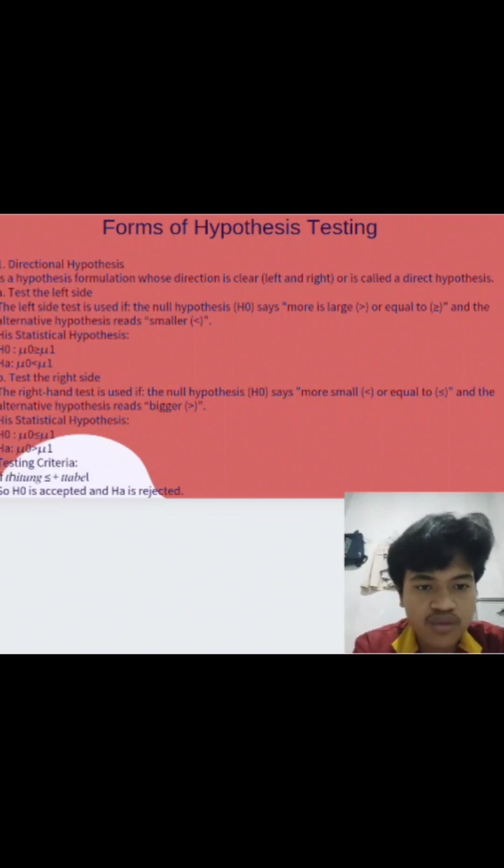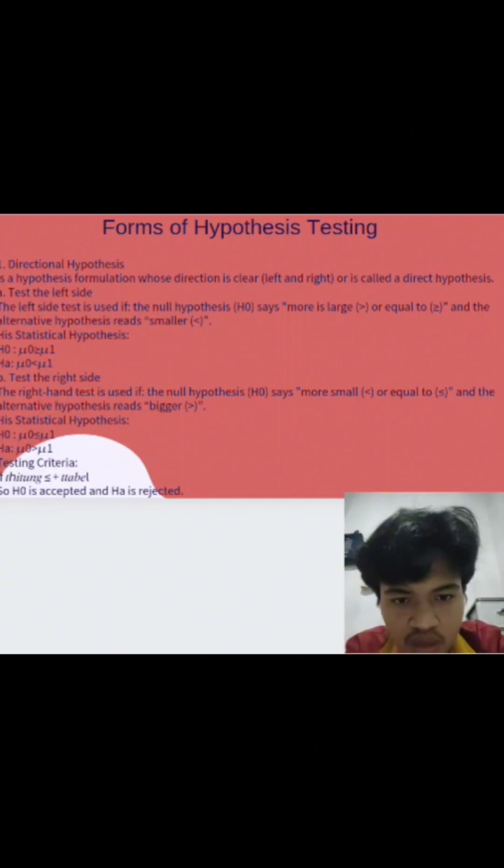Forms of hypothesis testing. 1. Directional hypothesis, a hypothesis formulation that has direction. A. Test the left side. The left side test is used if the null hypothesis states greater than or equal and the alternative hypothesis states smaller.